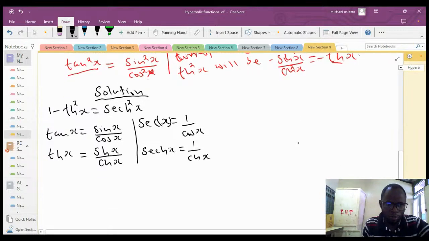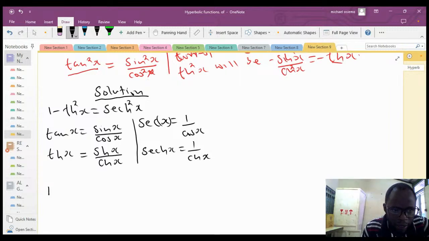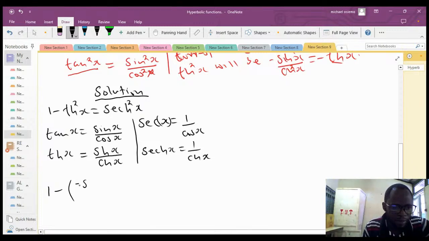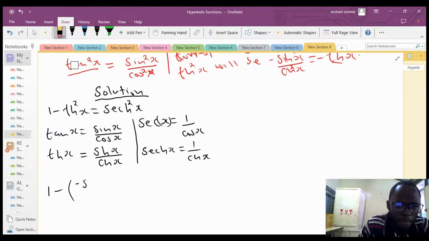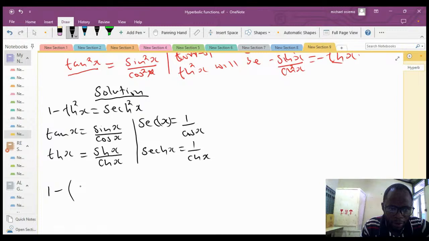So you can simply go by this. We say 1 minus the tan hyperbolic squared of x will be the same as what? It will be the sine hyperbolic squared of x over the cos hyperbolic squared of x.